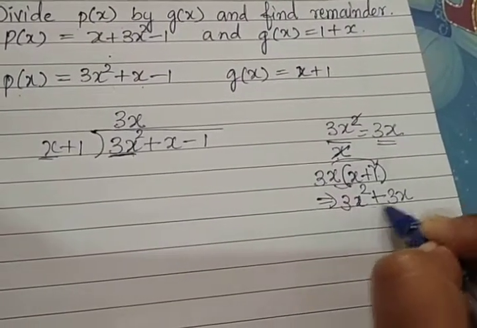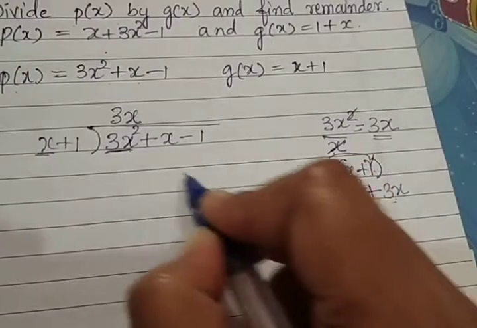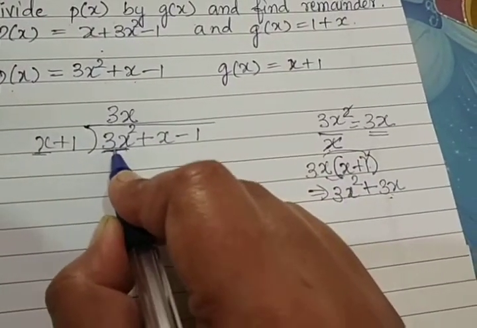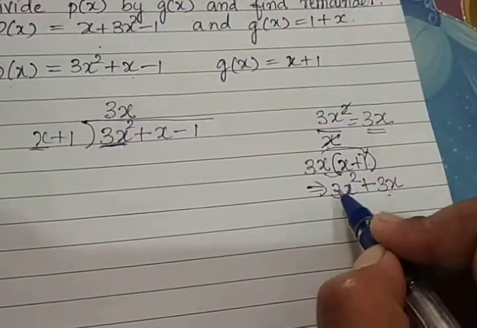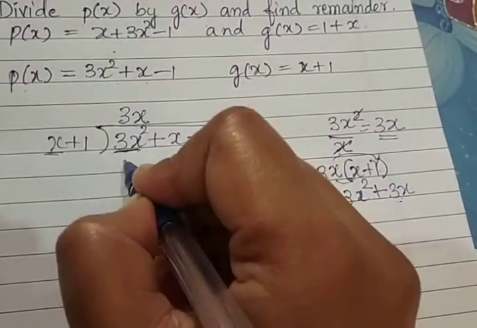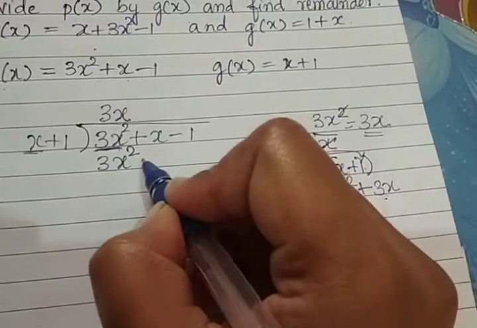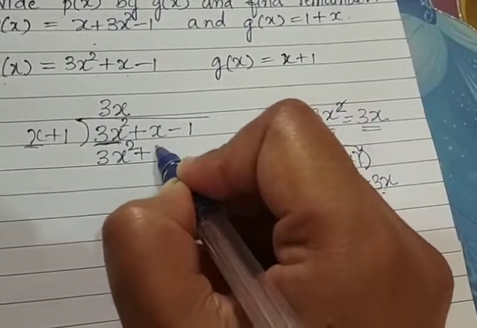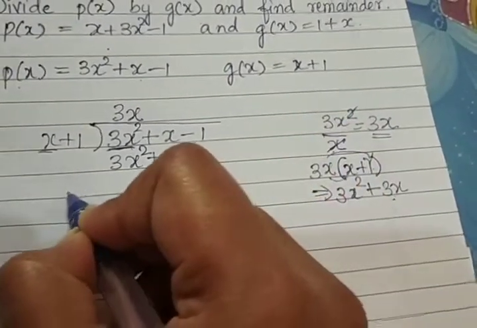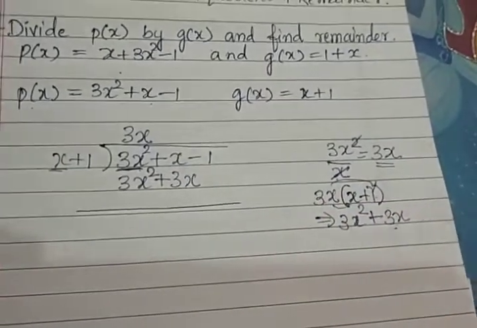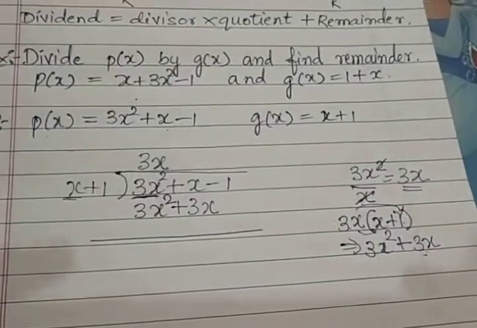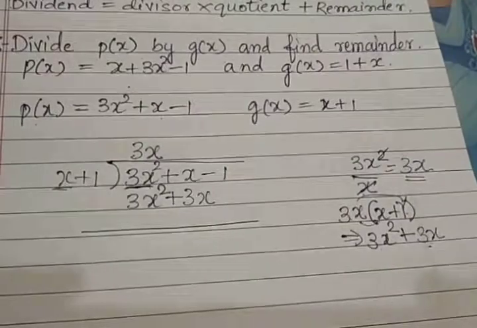Now these two terms we have to place below the dividend, below the like terms. So 3x square we place below the 3x square and 3x we place below the x. It is plus 3x, and now is the time when we have to subtract, because when we are dividing we certainly have to subtract.